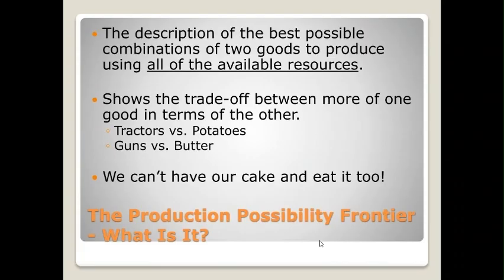So the PPF is the description of the best possible combination of two goods produced using all the available resources, or the comparison of two goods or services that could be produced within the production possibility frontier.